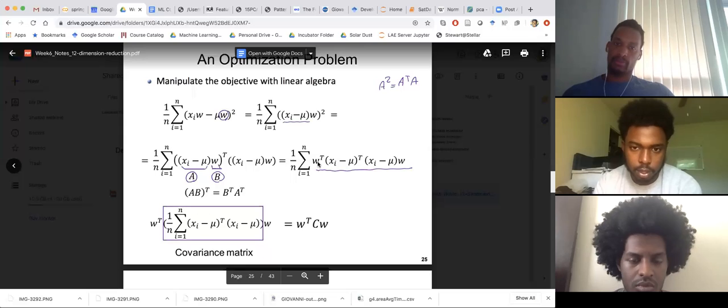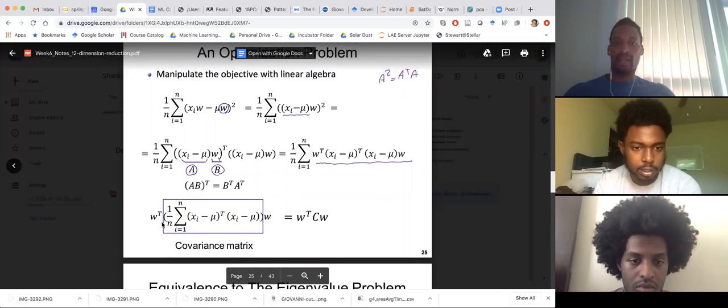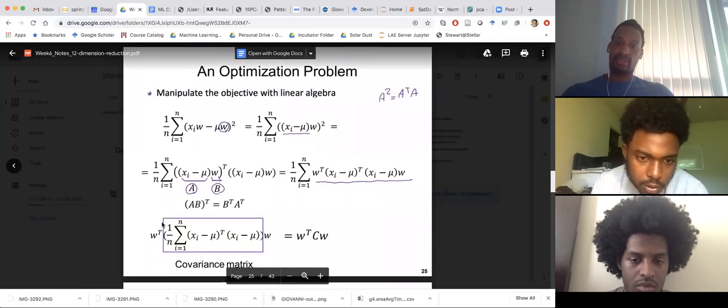So they pull the W transpose out of the summation. And yeah, you can do that because the sum is just over the xi's. So W is basically a constant here. I see. Okay.